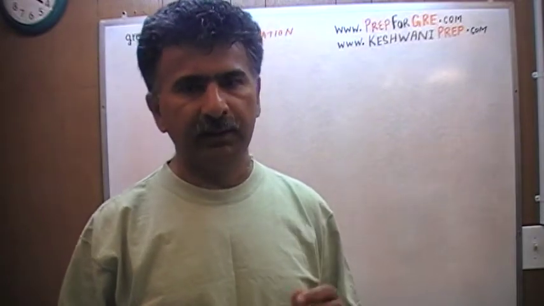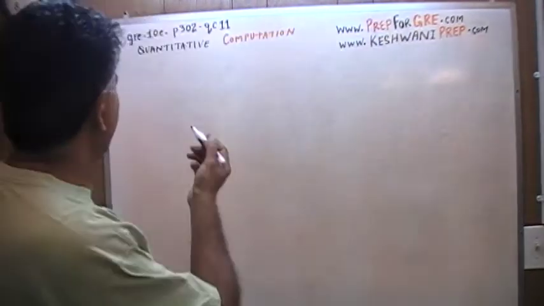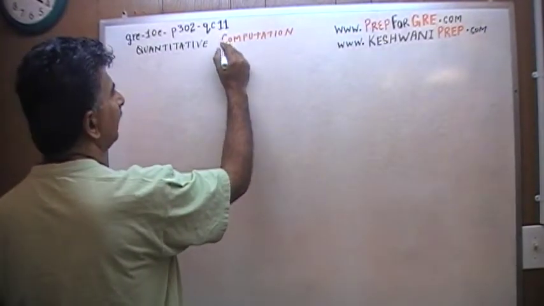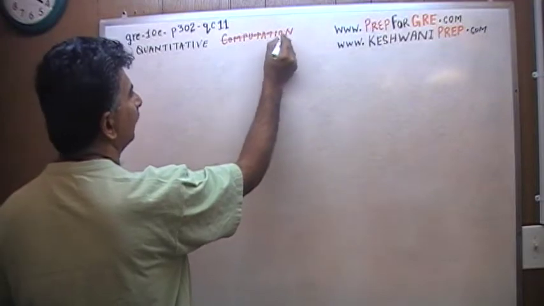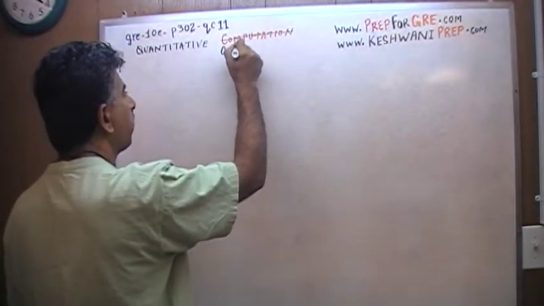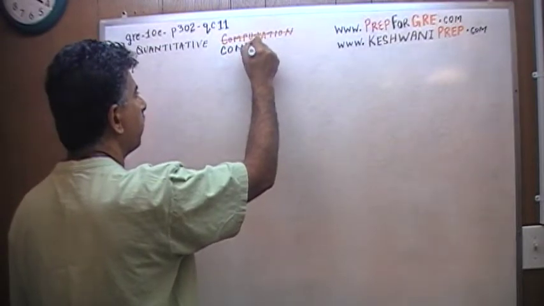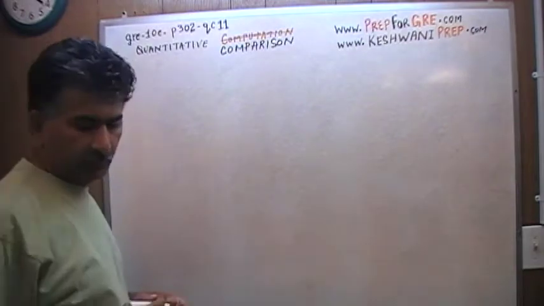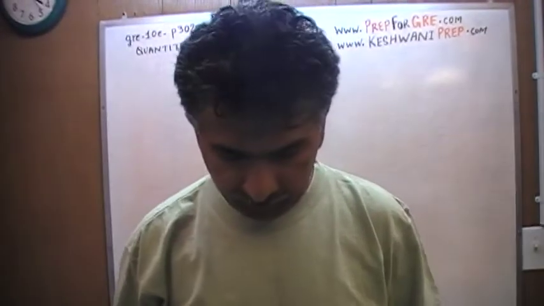And people forget that and they start computing everything. So they are not called quantitative computation. So that's why I write down the word computation, and then I cross it out for emphasis. These are called quantitative comparison.